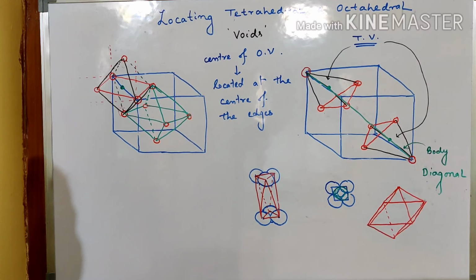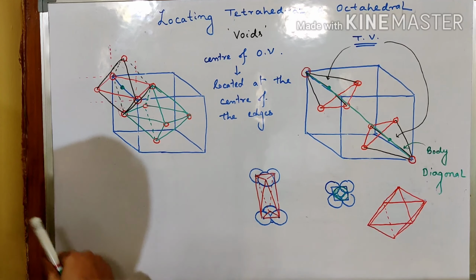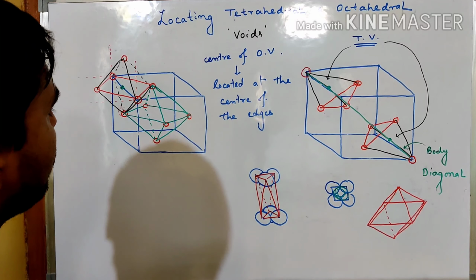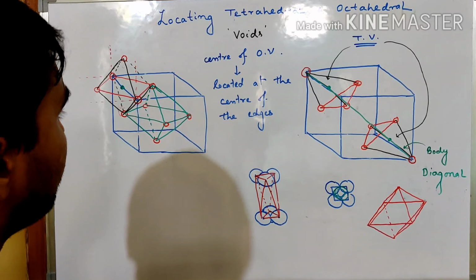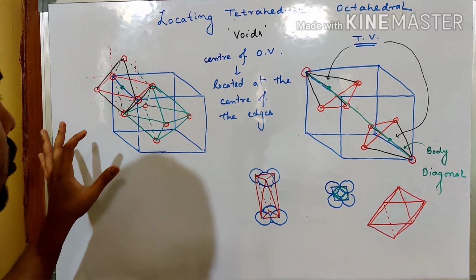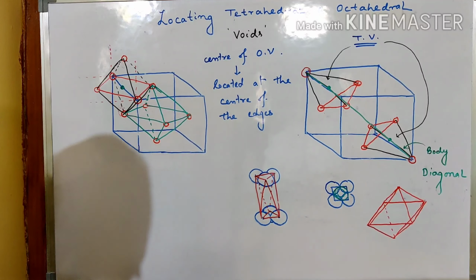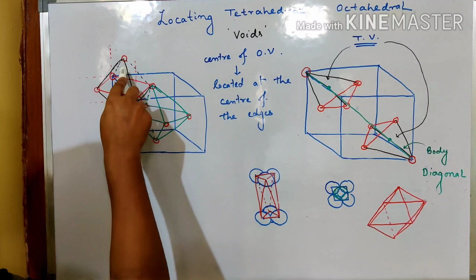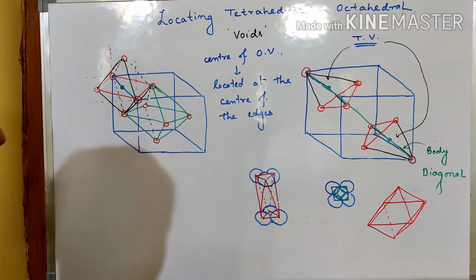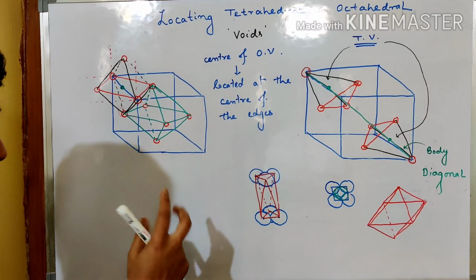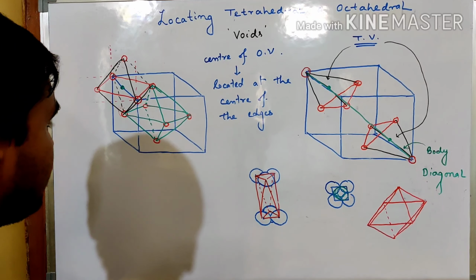So here it is clearly shown that there are two different types of octahedral voids that can be generated within a face center. Remember, this is not the only octahedral void. It can be drawn here, here, here, in many positions. So there are two types of octahedral voids.